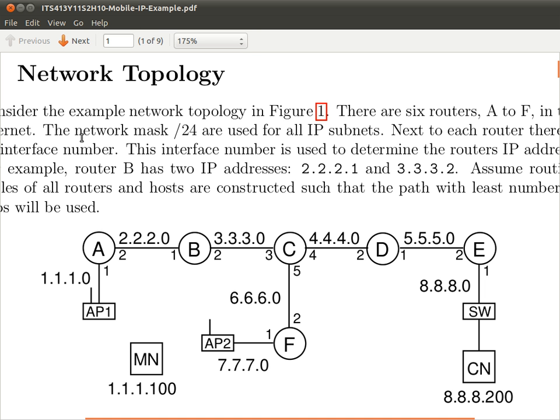What's the process of mobile IP registration? Who starts it? That's the easiest question. Who starts a mobile IP registration? Who initiates this process? Anyone?